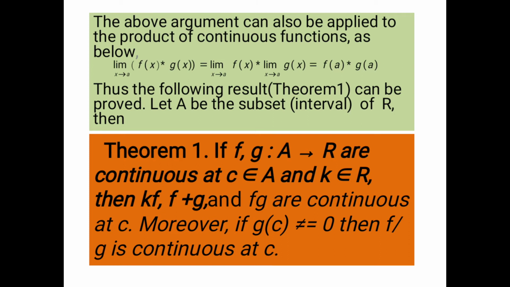Moreover, if g(c) is not equal to 0, that is, the denominator doesn't become 0, then the limit of f(x) divided by g(x) as x tends to c is also f(c) divided by g(c). Then we can write that f by g is also continuous at c.